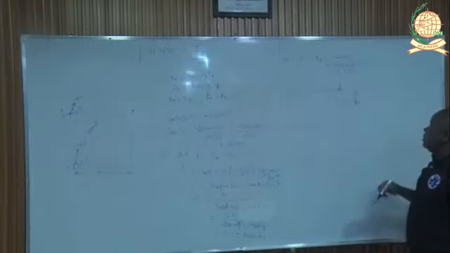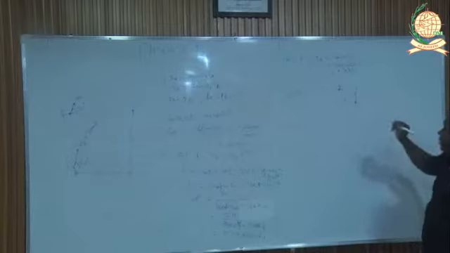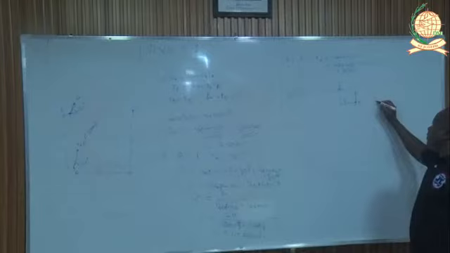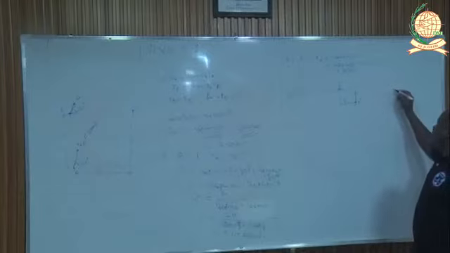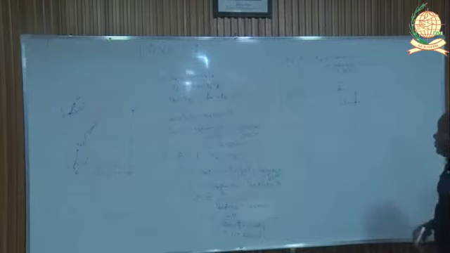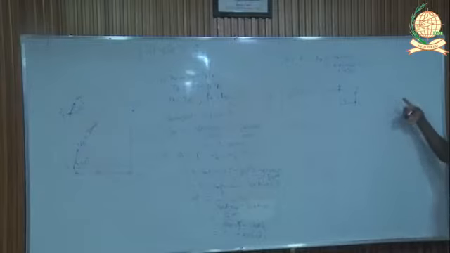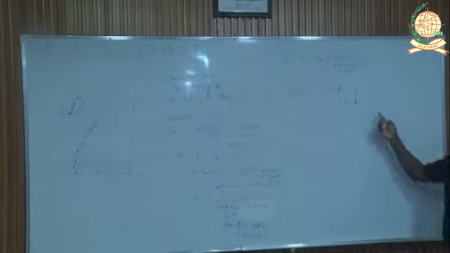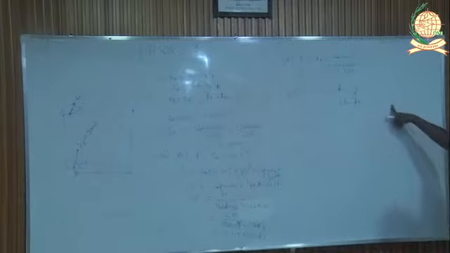Velocity change here is not 0. So this change produces acceleration, and this acceleration is called centripetal acceleration, and it is given by velocity squared divided by radius.